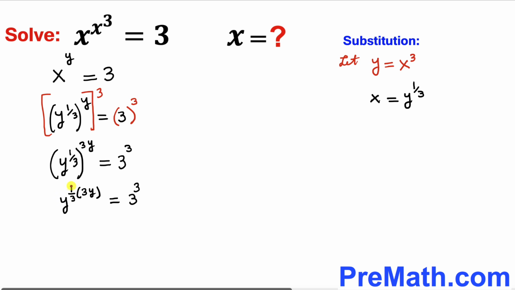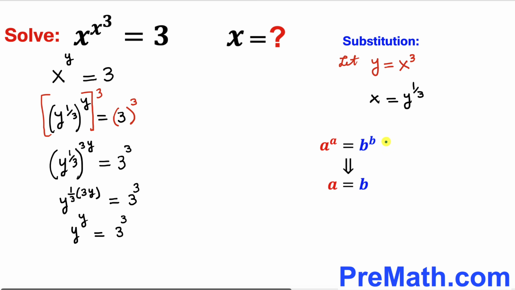Now we can see 1/3 and this 3 give us simply 1. So 1/3 times 3 times y is going to give us simply y. So we end up with y whole power y equal to 3 power 3.